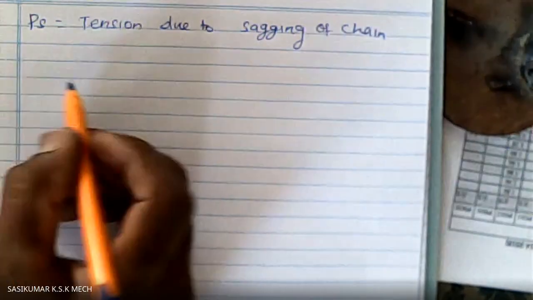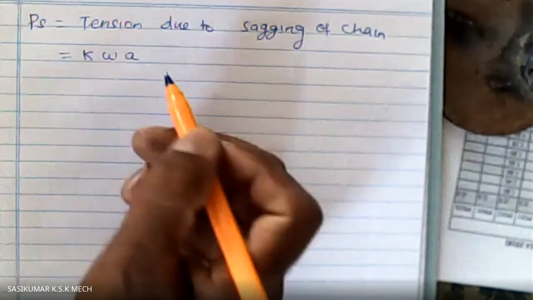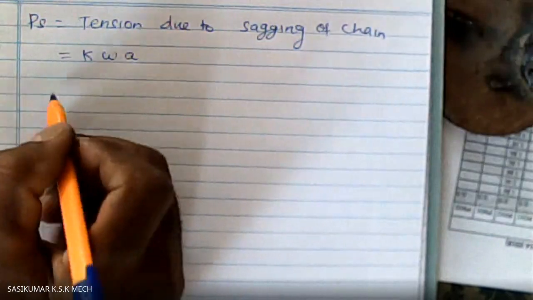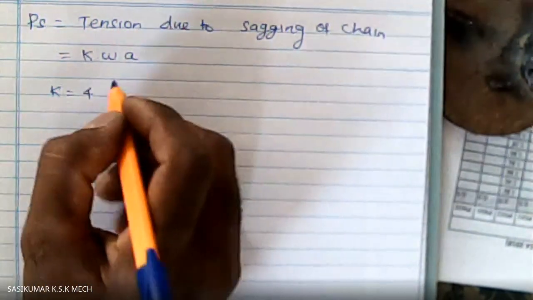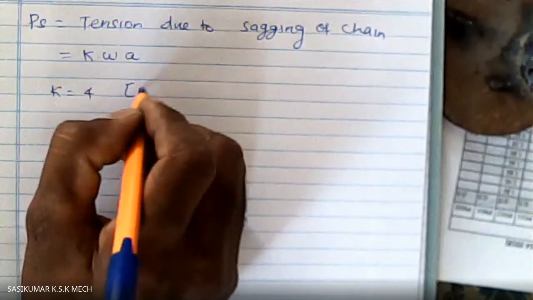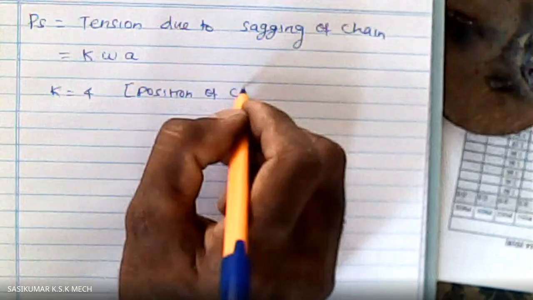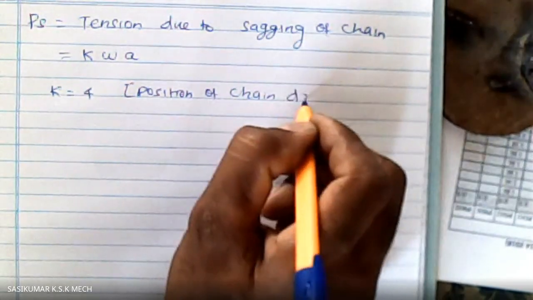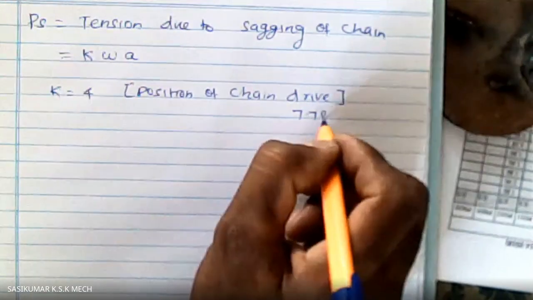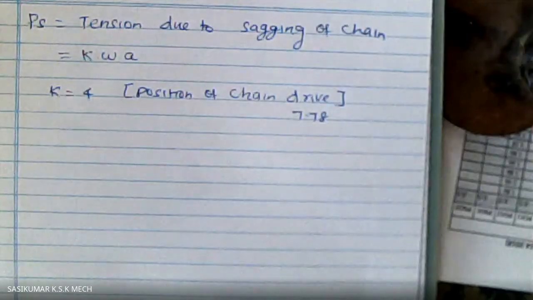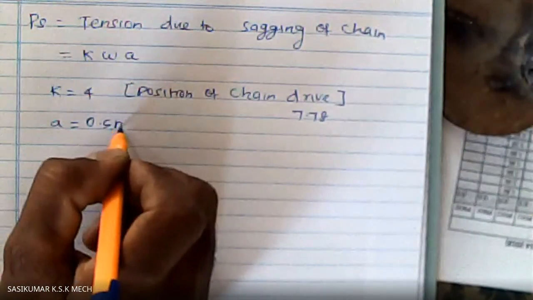That is K into W into A. Here K is a factor for position of chain drive, which is taken from page number 7.78. And A, the center distance, is 0.5 meter.